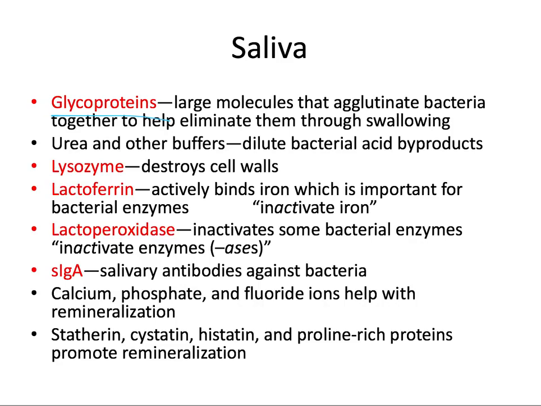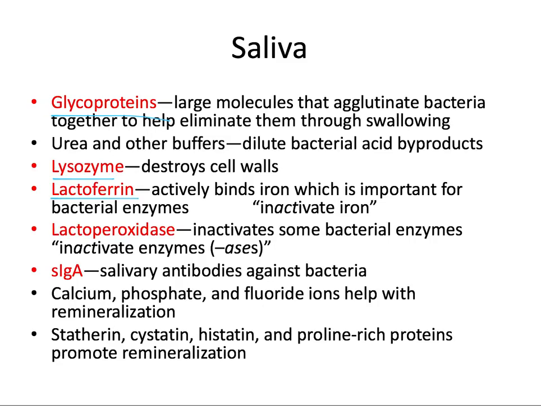Urea and other buffers, like bicarbonate that we talked about, dilute the bacterial acid byproducts and help drive the reaction to the right. It contains lysozyme, which destroys cell walls. So that's really useful. It can kill bacteria, damage them. Lactoferrin actively binds iron, which is important for bacterial enzymes.